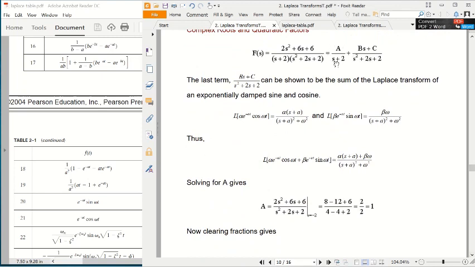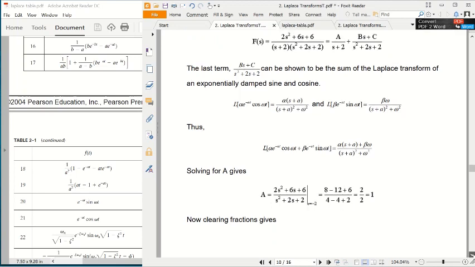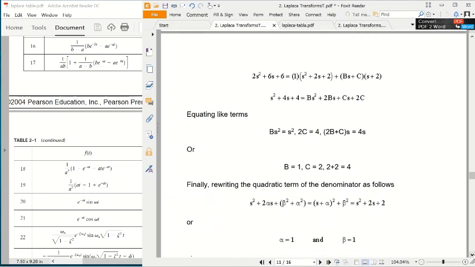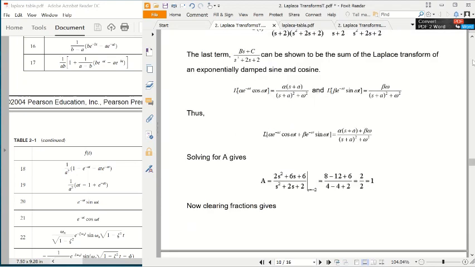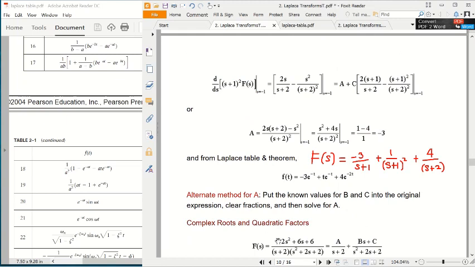So to calculate for A, as usual, you take out this part, and for the rest you substitute s equal to minus 2. Set s equal to minus 2, and you're supposed to get A equal to 1. But for B and C, this is what you need to do. You take the numerator part of the equation, from this side and also this side.